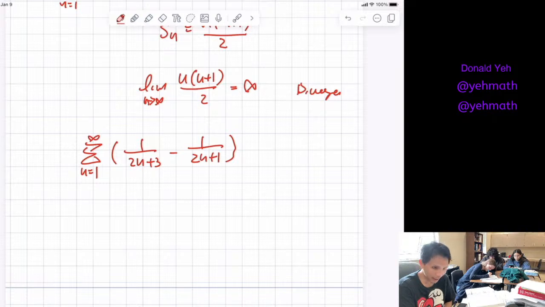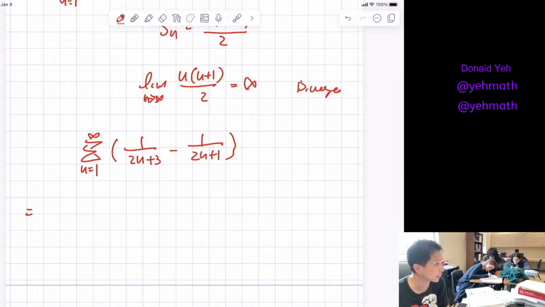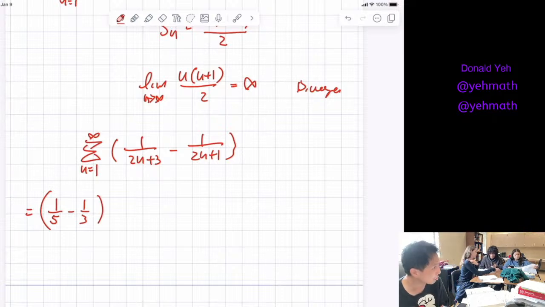A telescoping series is like this. The only way to see what actually happens is to try it out. Let's plug in n equal to 1. That gives 1/5 minus 1/3. Just plug in a value.